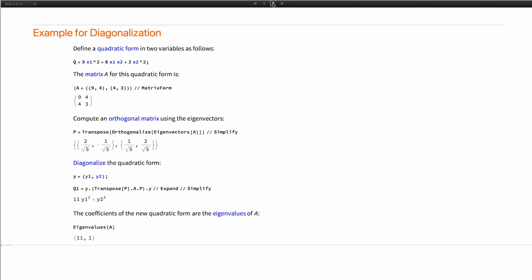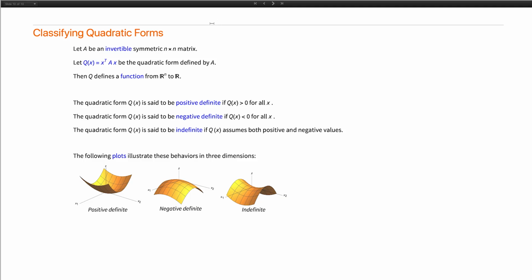Okay, so finally, we want to talk about how you classify quadratic forms. Let's say you have a quadratic form Q corresponding to matrix A. Then this quadratic form actually defines a function from Rn to R. So what you get back every time is a real number, an element of R. Now this quadratic form is said to be positive definite if the value Q of x is positive for all x.